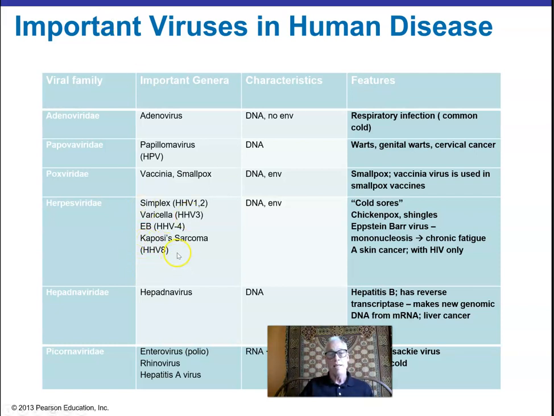Human herpes virus 8 causes a cancer called Kaposi sarcoma. It's a type of skin cancer caused by this virus, but only in people that have immunocompromise.